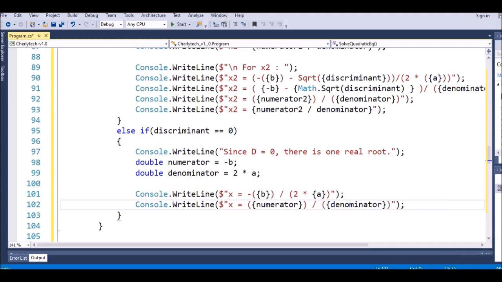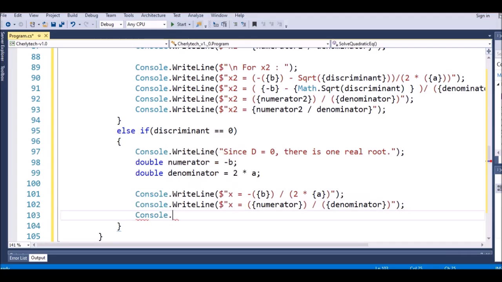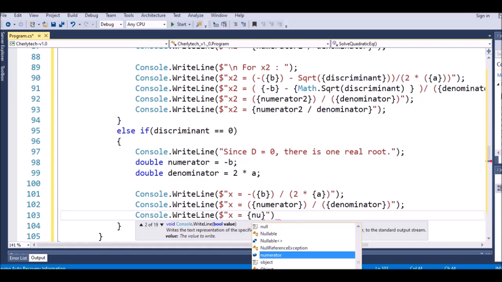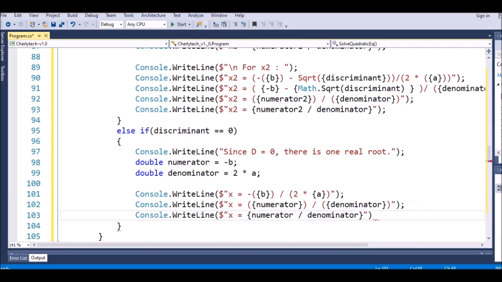Okay, so after that console dot write in here, say x equal, now we just do the calculations with new numerator and denominator, like this.